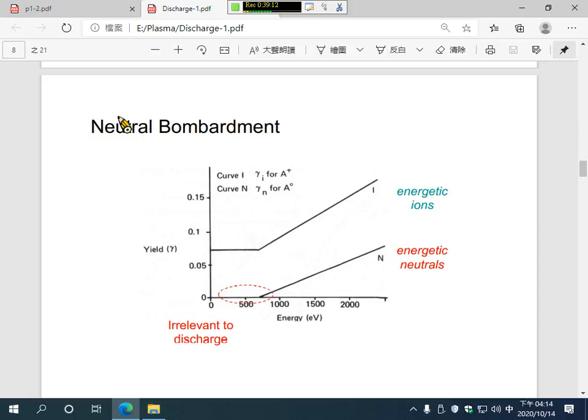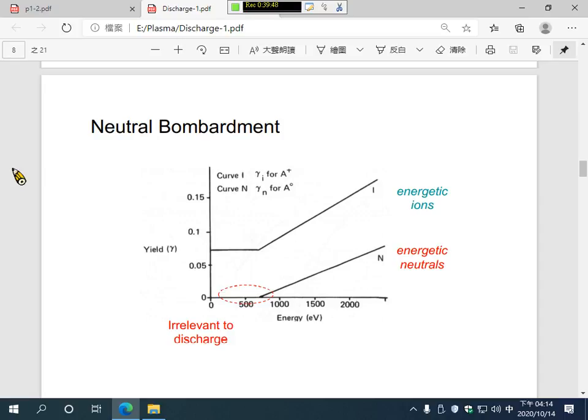When the neutral particles or neutral species collide with the solid surface, they might also cause electron emission. The ordinate is the electron emission yield. This is the secondary electron emission by metastable bombardment. Here, this curve is by energetic radicals, energetic neutrals.